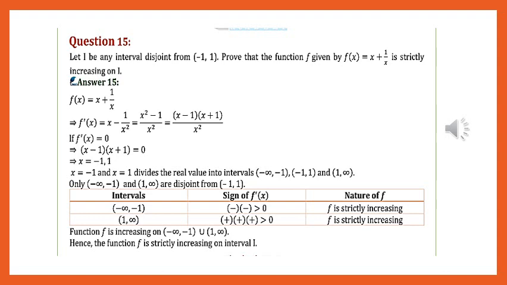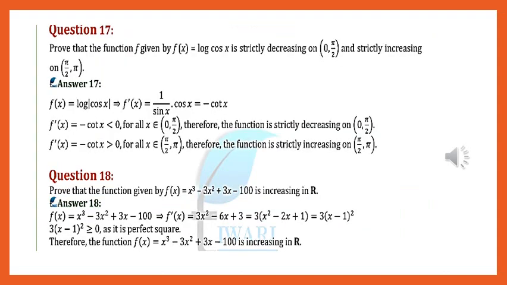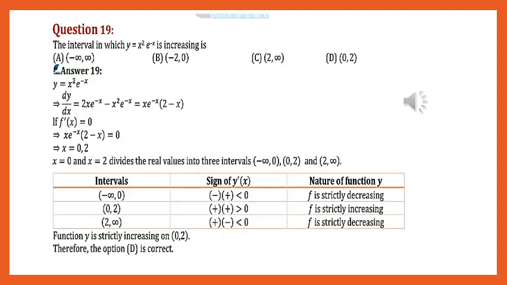Pick out the interval where f dash x is greater than 0. Then that way we can prove that it is strictly increasing. Please follow the steps. Question number 17 and 18 is self-explanatory. No need of much explanation. Please go through the steps.